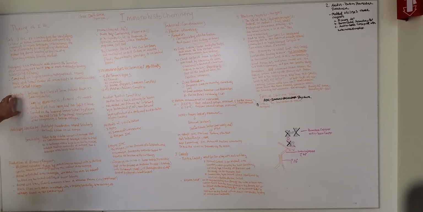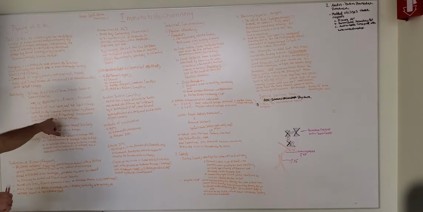So let's just break this down. Antibodies belong to a class of serum proteins known as immunoglobulins. You guys should probably know this anyways, coming from your immunology backgrounds. Can be monomeric, dimeric, trimeric. Composed of two heavy and two light chains formed in the humoral immune system by plasma cells.